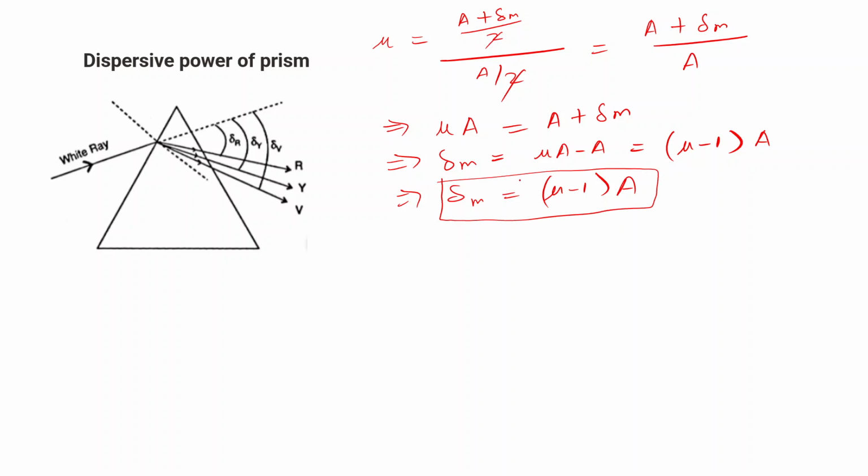So this is the angle of minimum deviation formula for a particular refractive index of a prism which has angle of prism A. So this is one formula. From this what we can see is the angular dispersion.